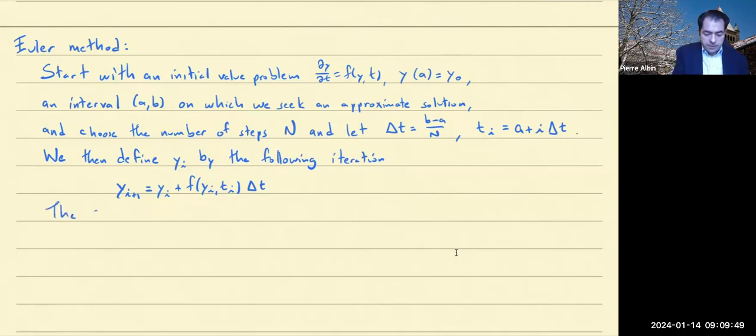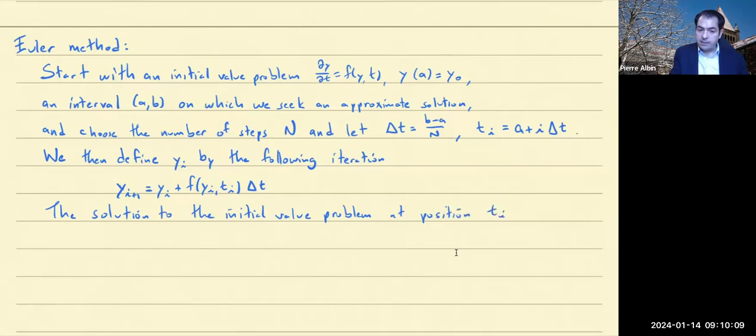The solution to the initial value problem at position t sub i is approximately given by y sub i.